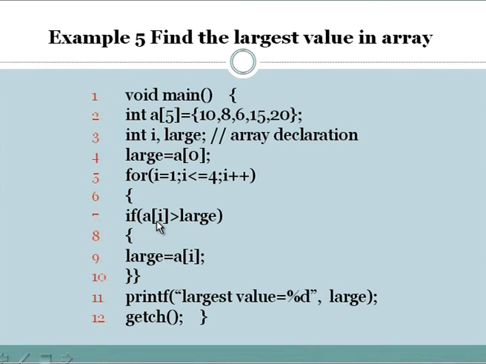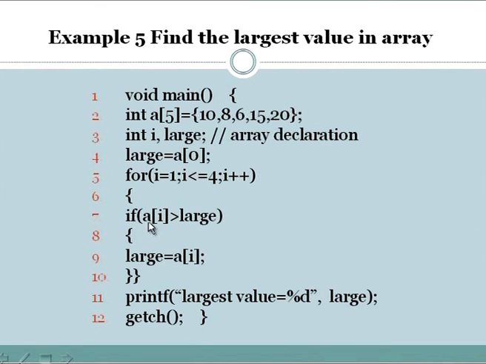If A3, that is 15 this time, is greater than large, which is 10, yes, the condition is true. So the value of large will be changed and thus large equals A3. The new value of large will become 15. Then the loop body will be repeated. I plus plus, 4, 4 less than equals to 4, yes, the condition is true.